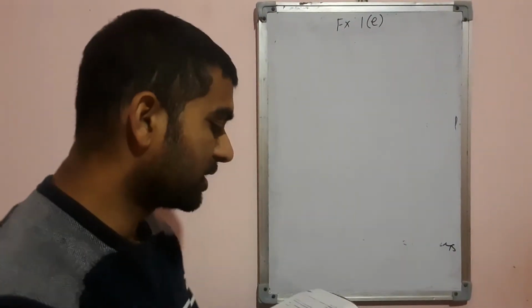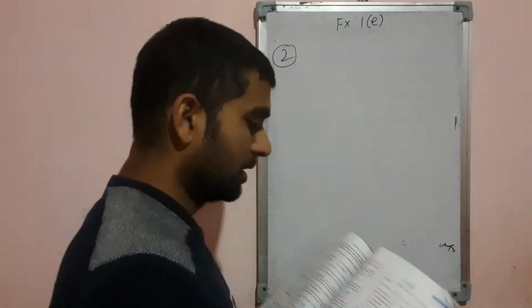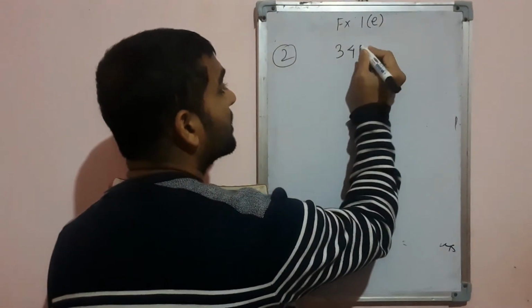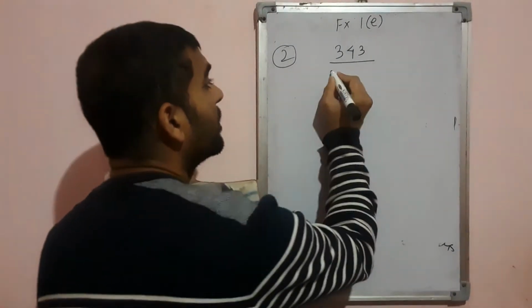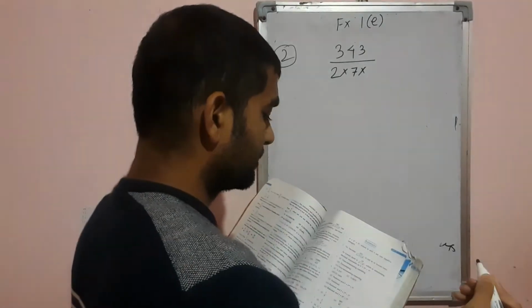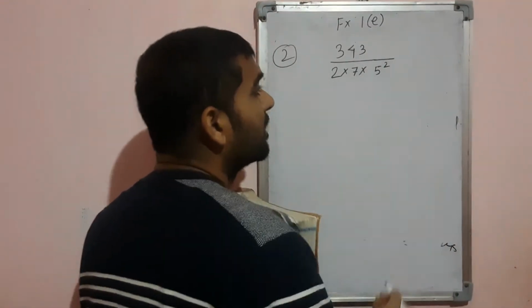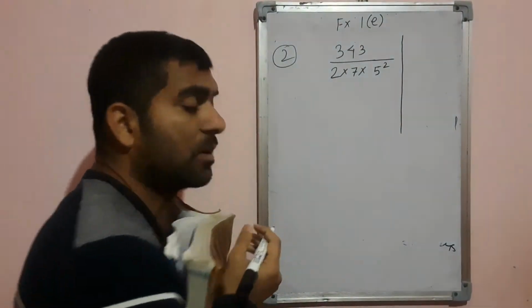So now question number 2. Here we have 343 divided by 2 into 7 into 5 power 2. Okay, so now let us solve this one.